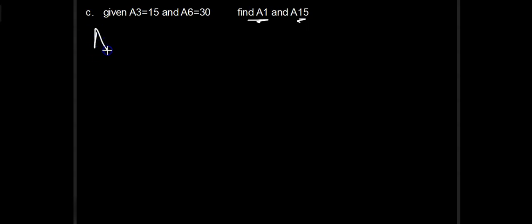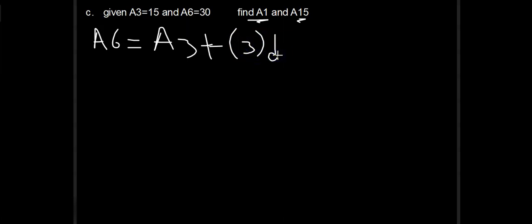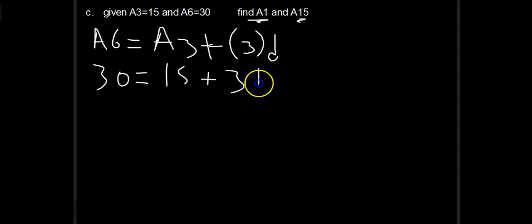So I'm going to say A6 equals A3 plus, when you subtract 3 from 6, you're going to get 3. And since I'm looking for D, I'm going to say 3D. So now the value of A6 is 30, and 30 equals A3, which is 15, and then I've got 3D over here.